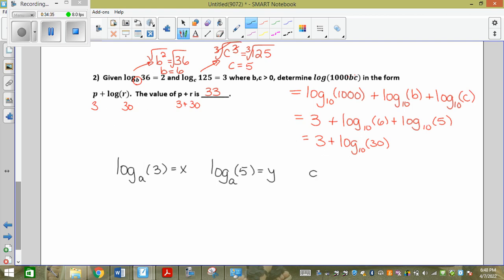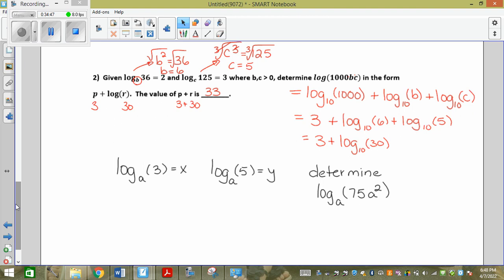And then I would tell you to determine log base a of 75a squared. Now, I have log base a of 3, not a of 75, and I have log base a of 5, not 75, but how can I maybe make 75 be 3s and 5s? So I know that 75 is 3 times 25, so I can go 3 times 5 times 5 instead. So I can go 3 times 5 times 5 times a times a.